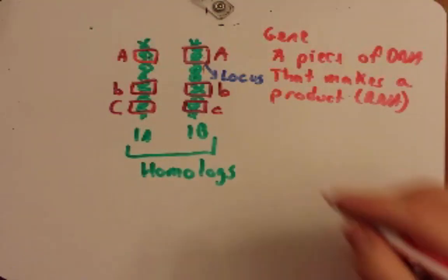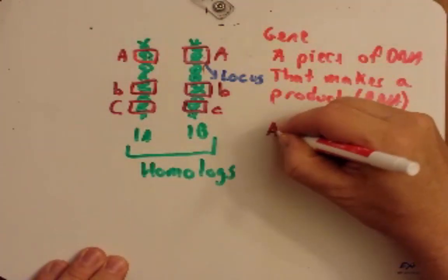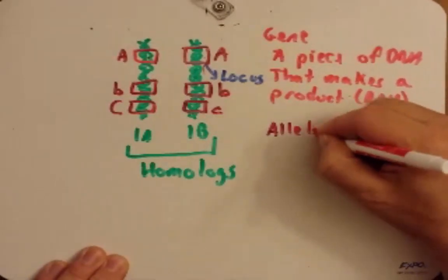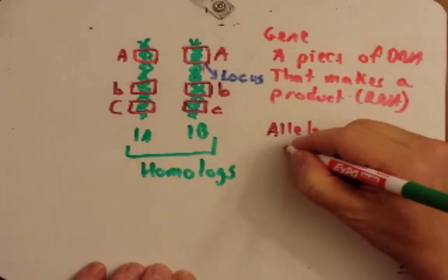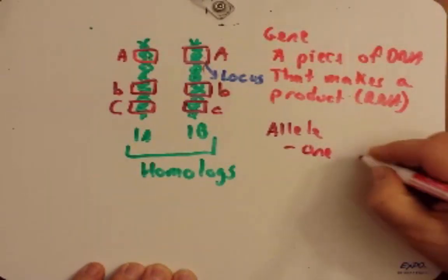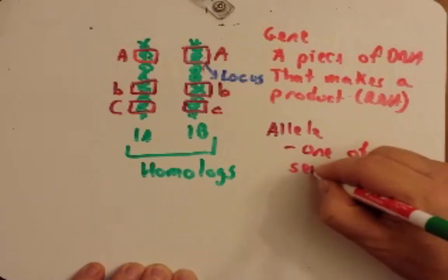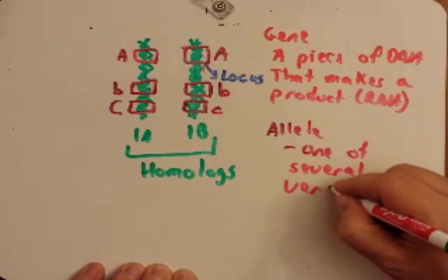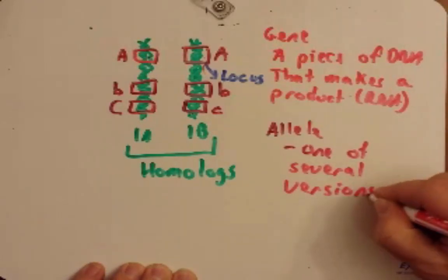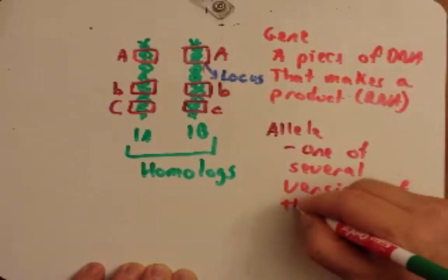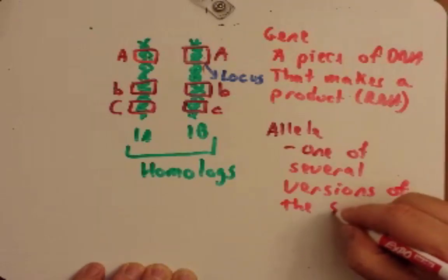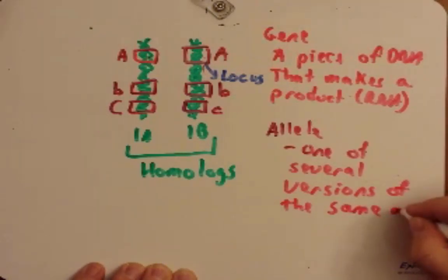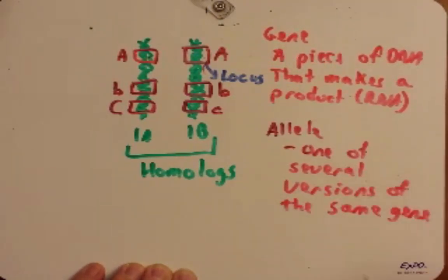We should define another term here, and that is the term allele. An allele could be defined as one of several versions of the same gene. These different versions are created by mutations.